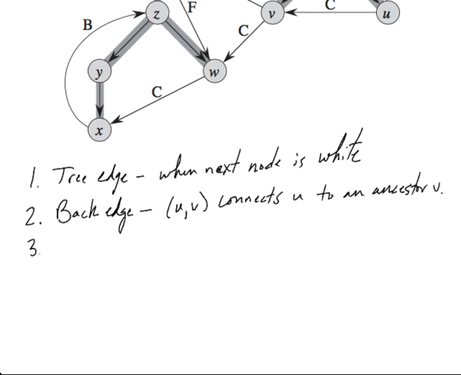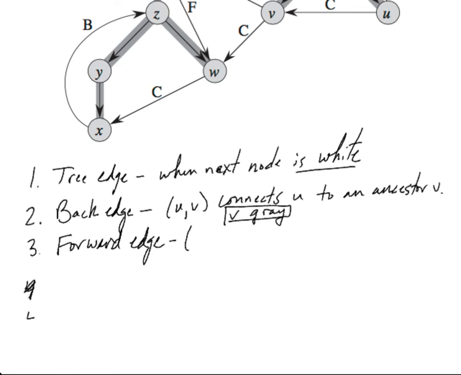The next is a forward edge. Sorry, and the back edge, V is going to be gray. That is how you can tell if it's an ancestor. Here we get a white, we get a gray. We have two more, forward edges and cross edges, and they're both going to encounter black nodes.